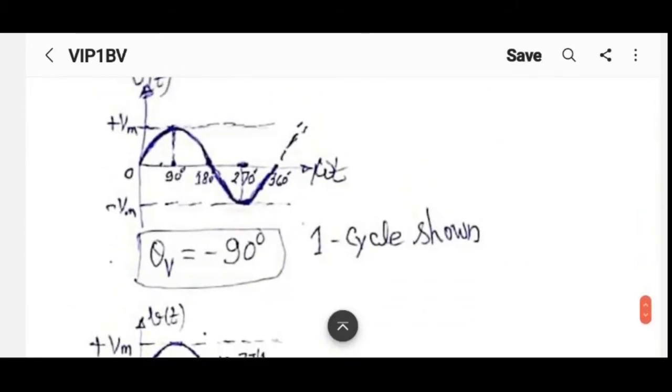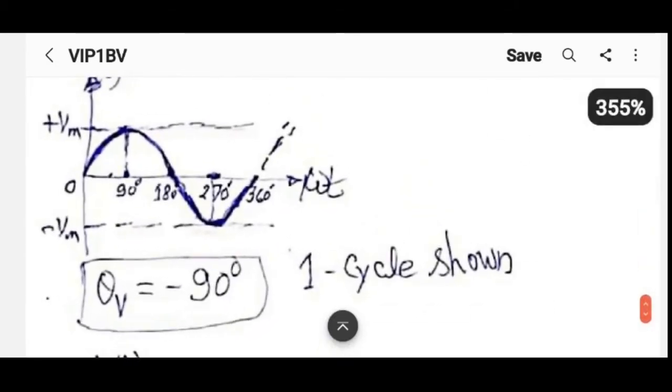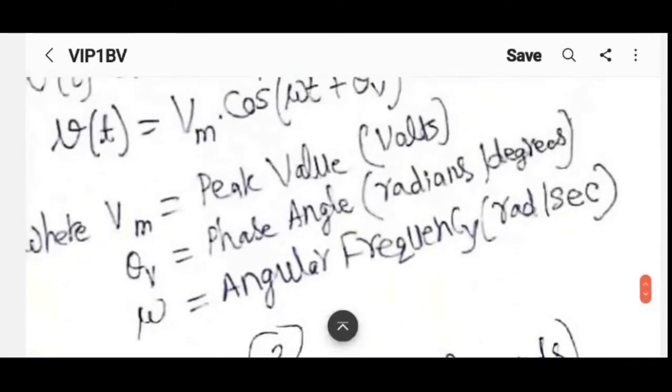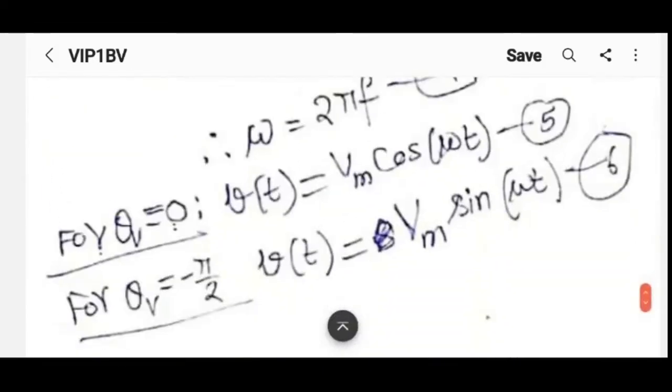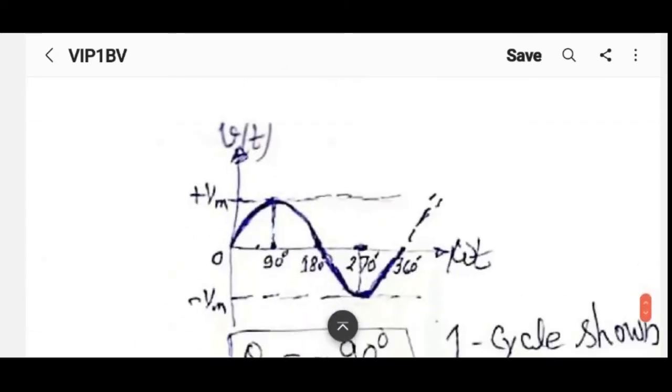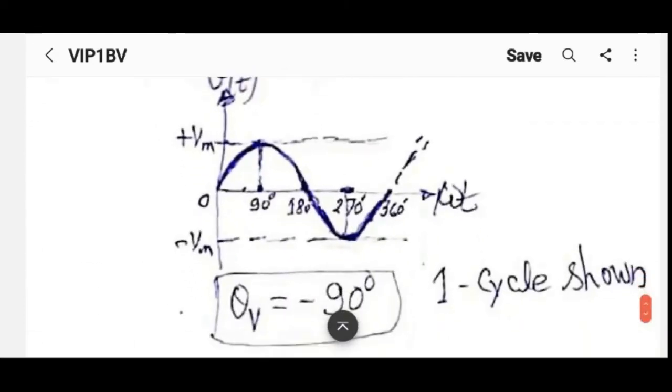This is the illustration of basic quantities involved in the waveform described by equation 1, where I have taken a specific case where theta v is minus 90 degrees. So in that case, it is Vm sine omega t, and that's how it looks.